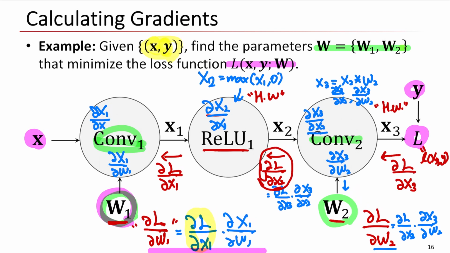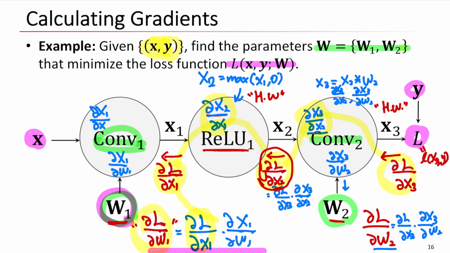This one is related to this one, and this one and this one, right? So it means the whole gradient and sub-gradients are connected and used to compute this one.